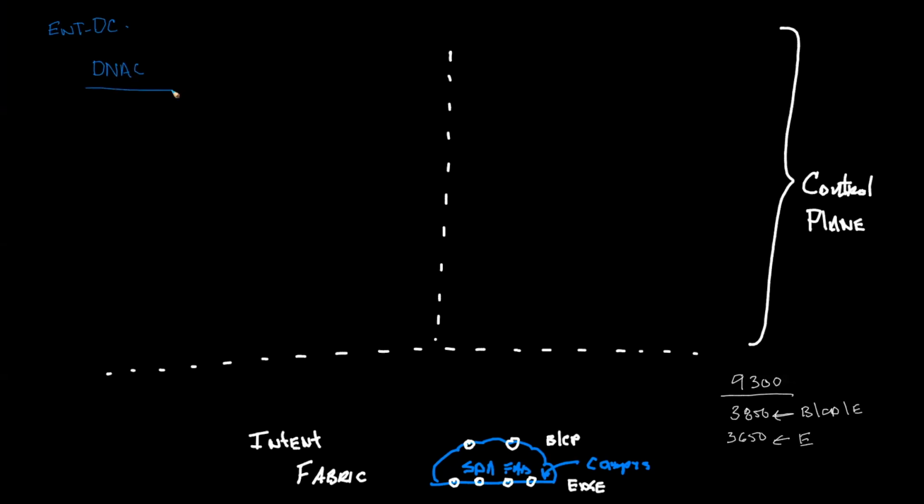And we talked about the engines that are integrated into the DNAC. So we have a number of engines that are going to give us capabilities and features. And those engines include the NDP, which is the assurance engine.